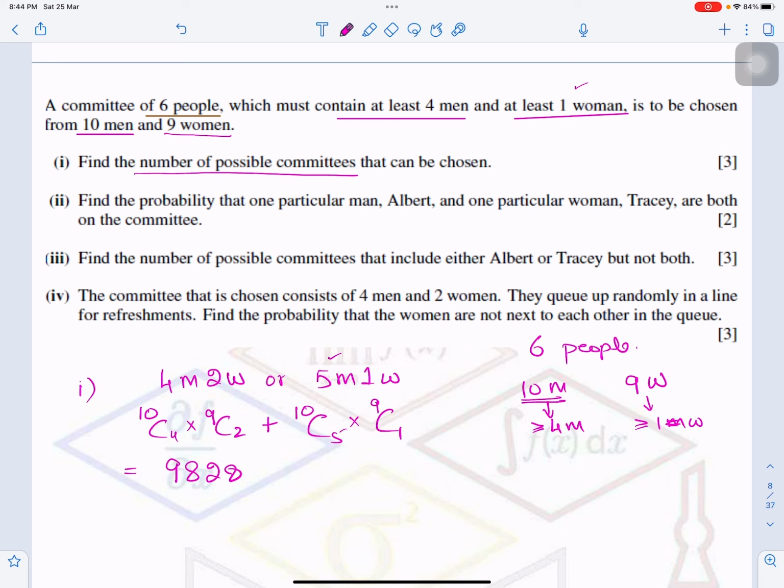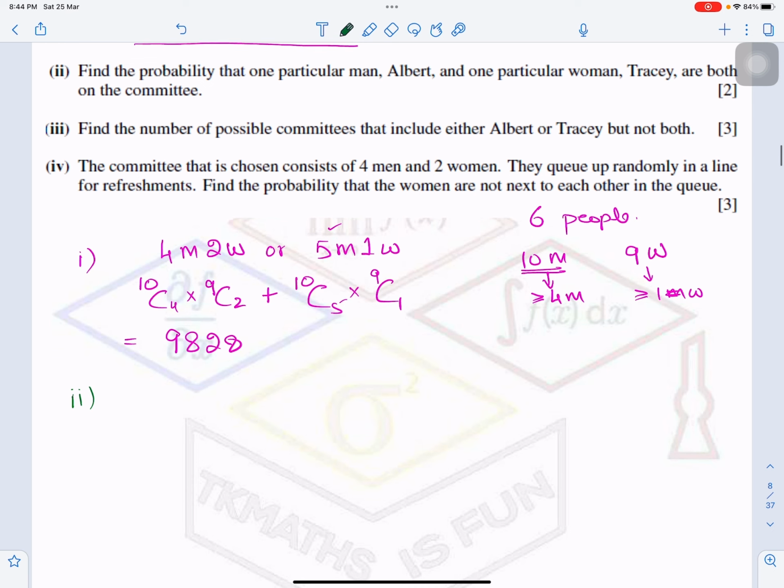Okay, now part 2. Part 2 is saying find the probability. Now we have to find out the probability, that one particular man, Albert, and one particular woman, Tracy, are both on the committee.